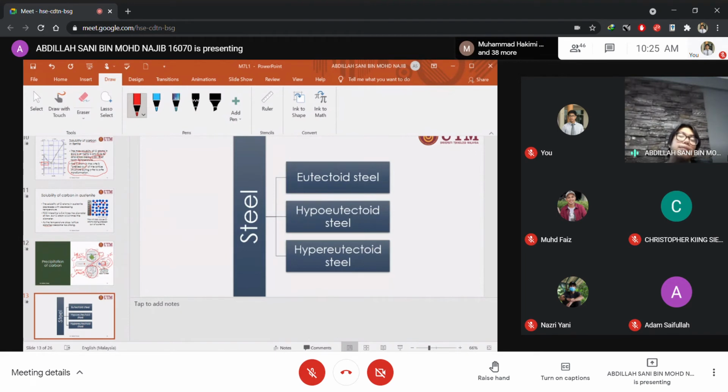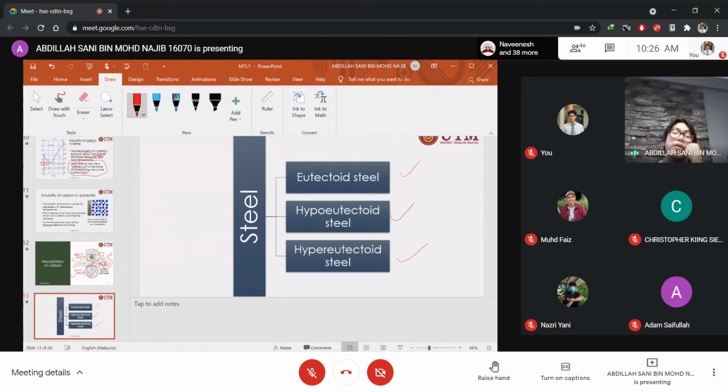So, steel we can actually classify into three: eutectoid steel, hypo-eutectoid, hyper-eutectoid.